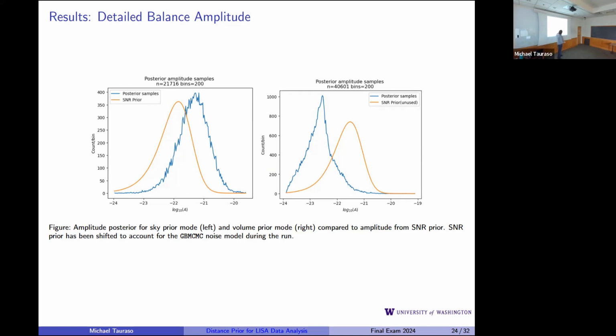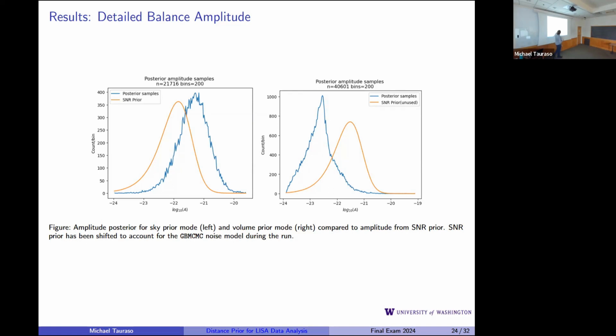This is the new version, and you can see it's got a fairly different shape. It's differently located as well. Part of the reason it's looking at lower amplitude sources is that when you introduce this distance-based drawing method, even though I've put my hand on the lever to try to keep it from exploring really large distances, it still tends to spend some time there, and it spends a little bit longer converging.